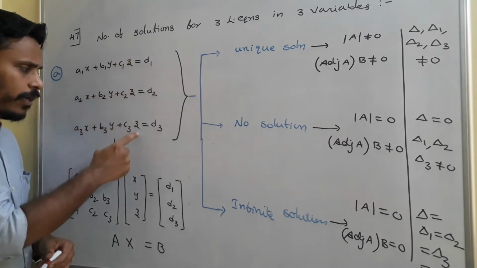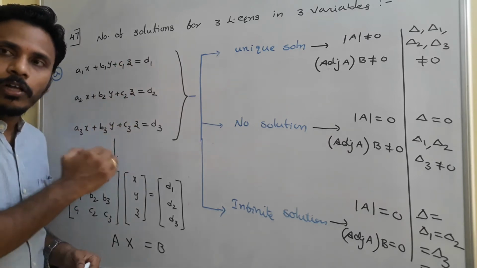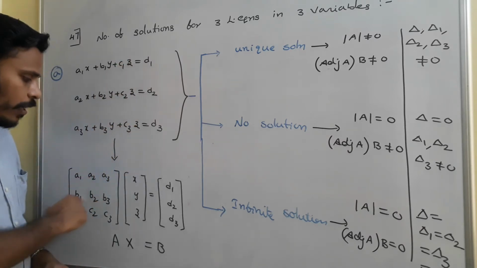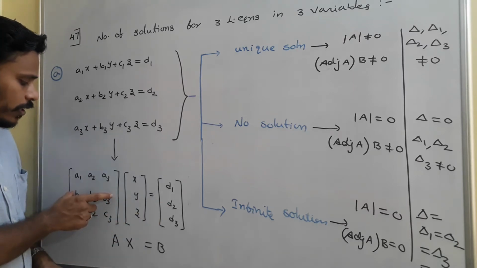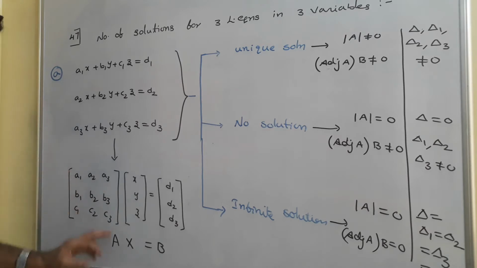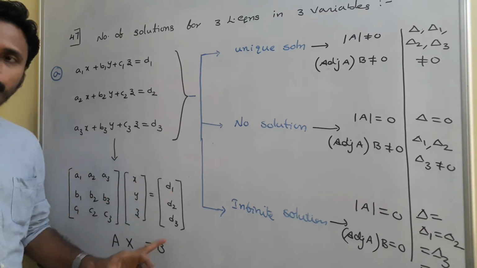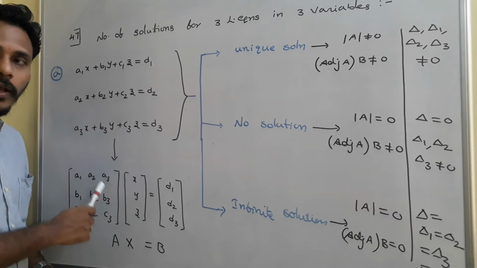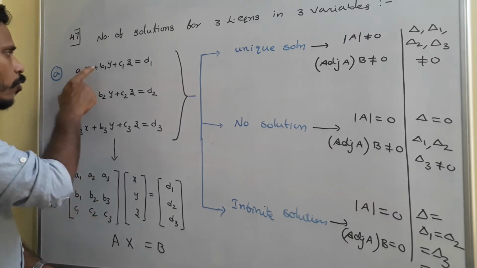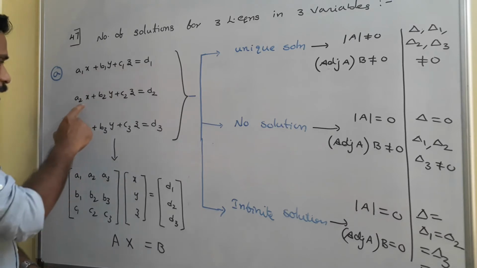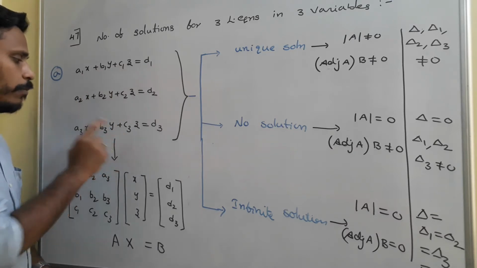If we express these three equations from algebraic form to matrix form, this is the matrix form. In this matrix form, we usually represent the first matrix as A, then X, and this as B. This matrix A is known as the coefficient matrix because it contains all the coefficients a1, b1, c1, a2, b2, c2, a3, b3, c3.